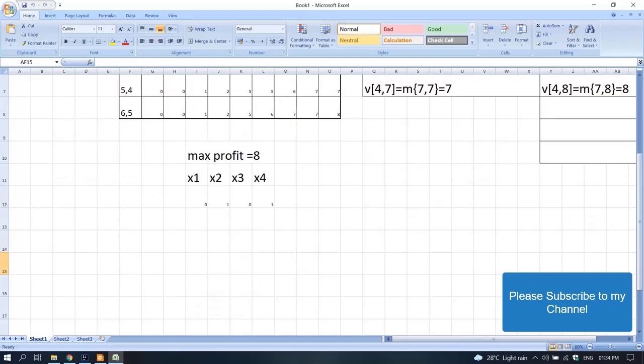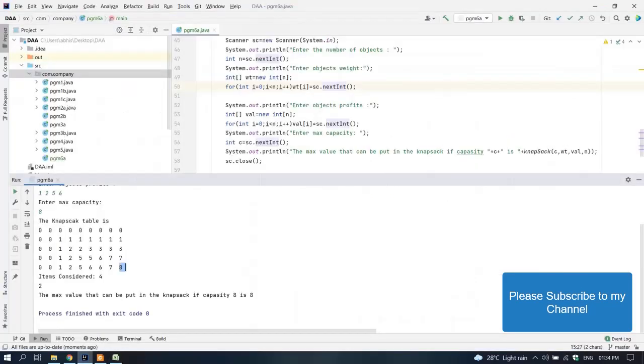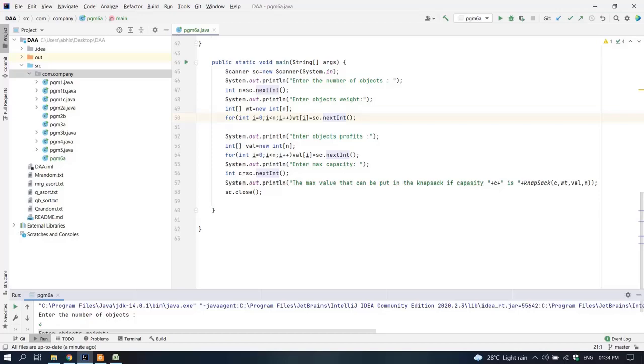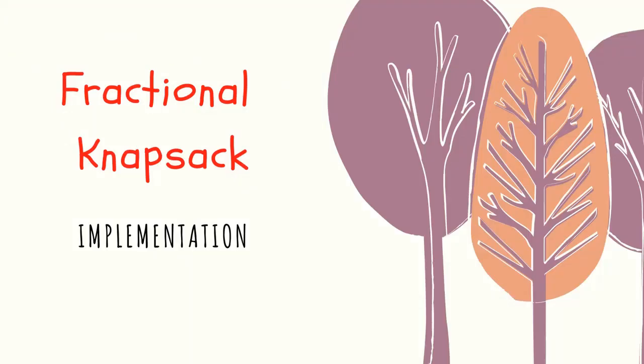And see, we are getting the answer as 8. Our answer is 8, and the included items are 4 and 2. So let's move towards the greedy method, that is, fractional knapsack.